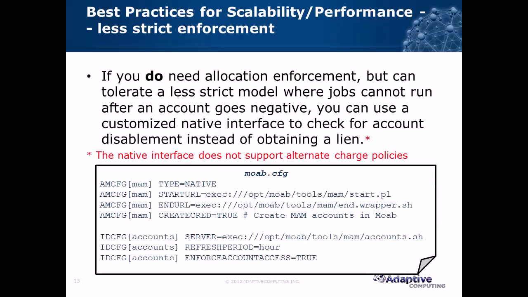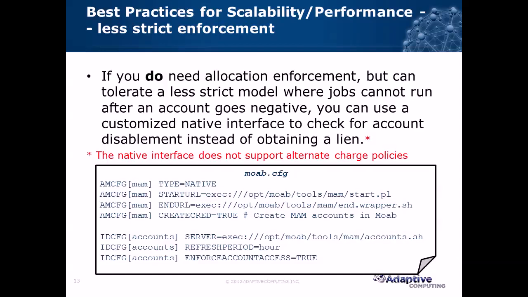If you do need allocation enforcement, but you can tolerate a less strict model where an account could go negative and then you turn it off, then what we can do is instead of getting a lien at the beginning, we can simply check to see if the account's active or not. So what we do is we implement an identity manager that runs every hour, looks at all the account balances, and it sets a flat file or a database to say whether this account is active or inactive.